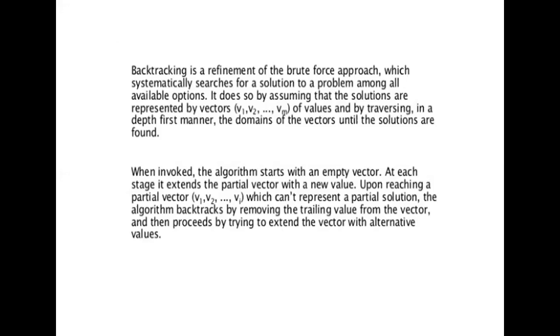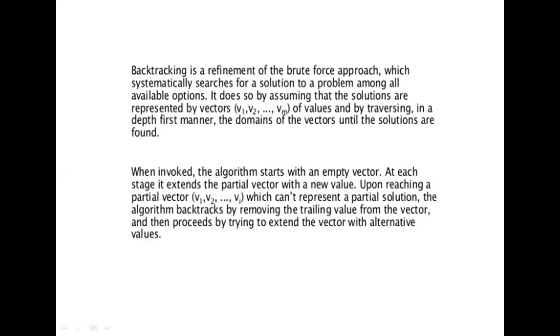Backtracking is a refinement of the brute force approach, which systematically searches for a solution to a problem among all available options, by assuming that the solutions are represented by vectors v1, v2, and so on up to vn of values, and by traversing in a depth first manner.